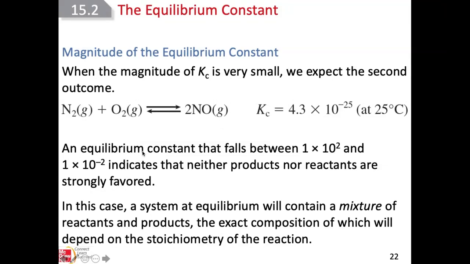An equilibrium constant that falls between those numbers, 10 to the second power and 10 to the minus second power, indicates that neither products nor reactants are strongly favored. So it's a mixture of both reactants and products present in the vessel at equilibrium.